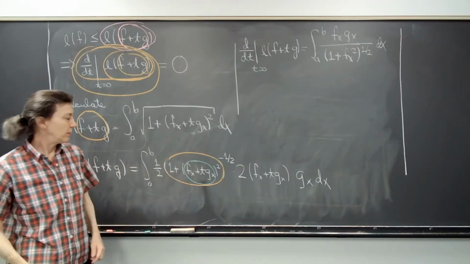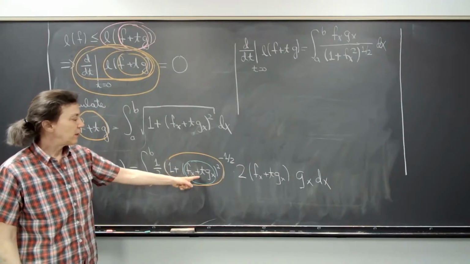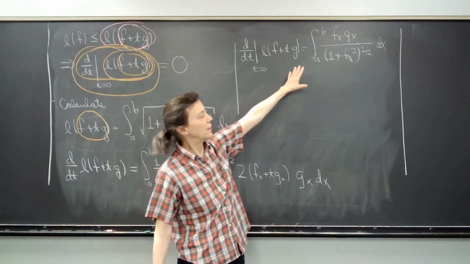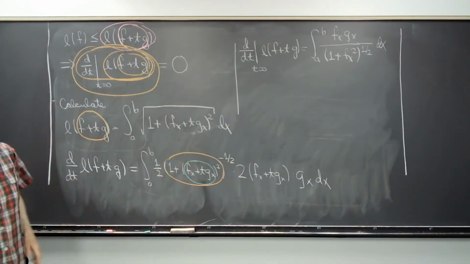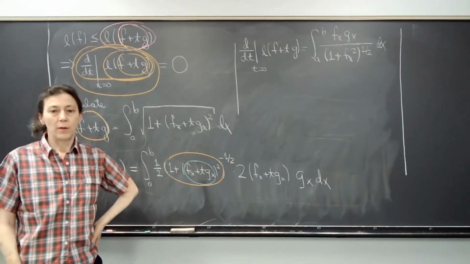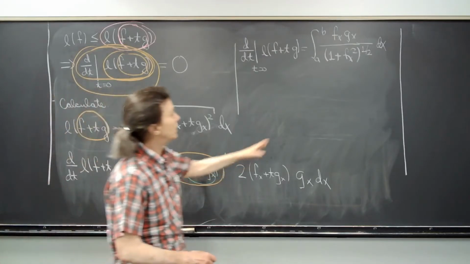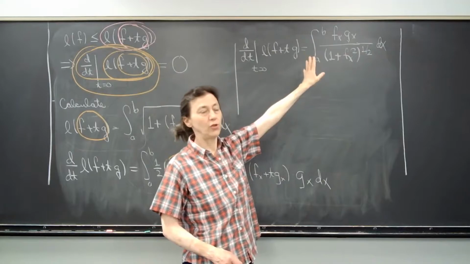But you just hang in there, because now you're going to set t equal to 0. So a lot of this stuff is gone. Okay, and then this is all that's left. Now, next step, I'm going to use integration by parts to express this as something times g.